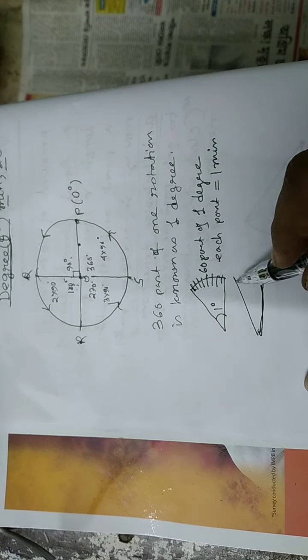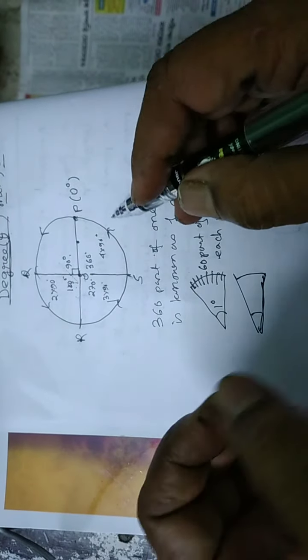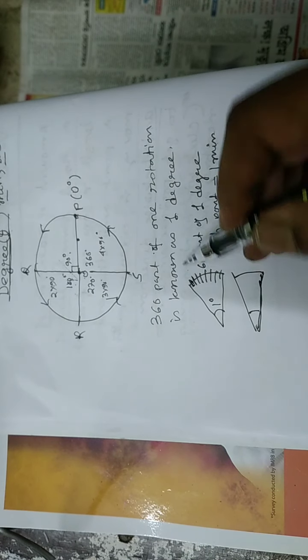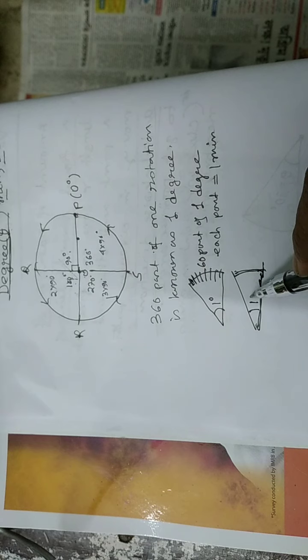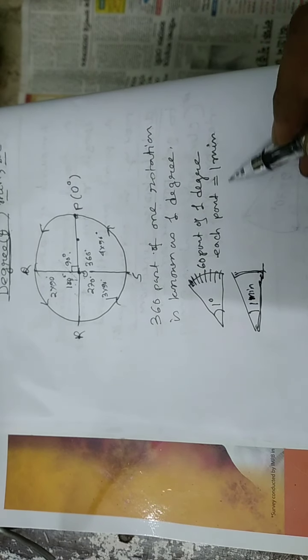And if this is 1 minute, not so large, because if you divide into 360 parts, then each part is so small. So it is just an analogy. So this is 1 degree, 1 minute. 1 minute can be written with a single stroke. This is 1 minute.